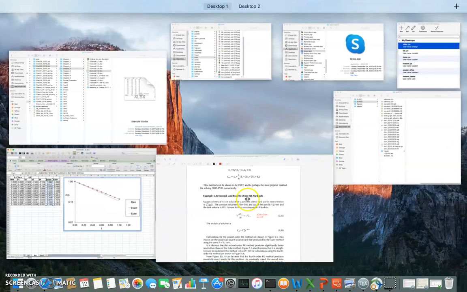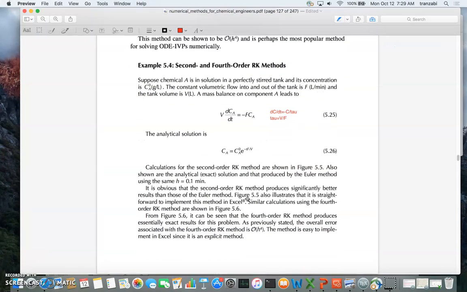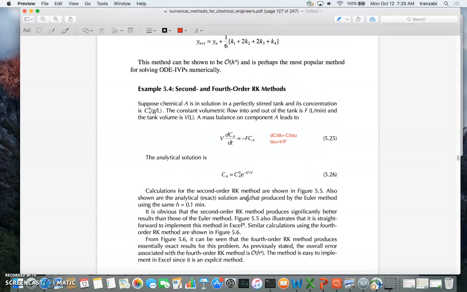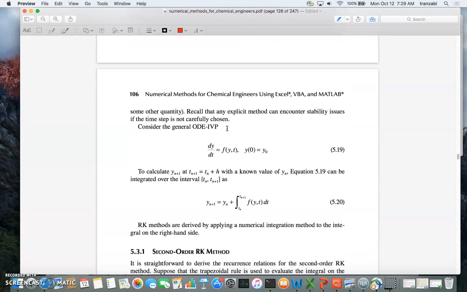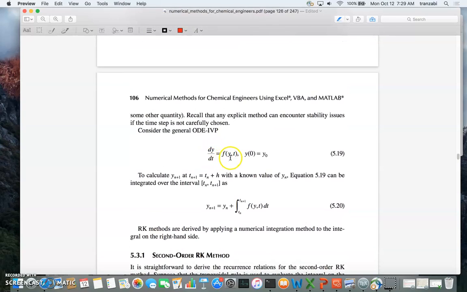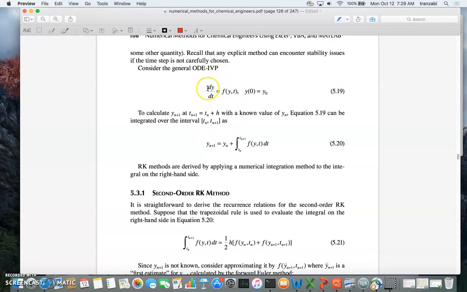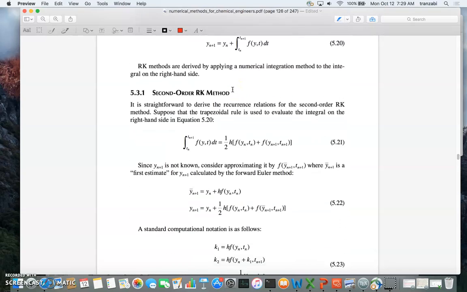In the next video, we're going to look at how we can do, so far we only focused on one specific equation, let's say this, right? Or in a general form, the equation we looked at was dy/dt is a function of y and t, just one equation. In the next video, we're going to talk about how we can solve a system, like we have multiple equations, right?